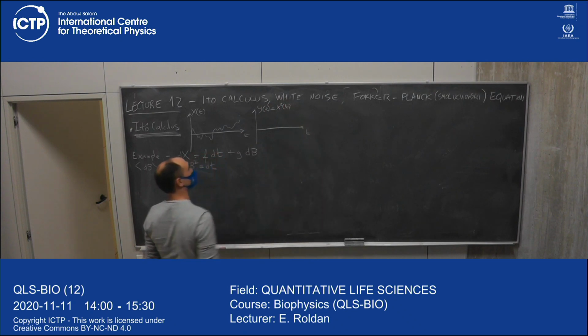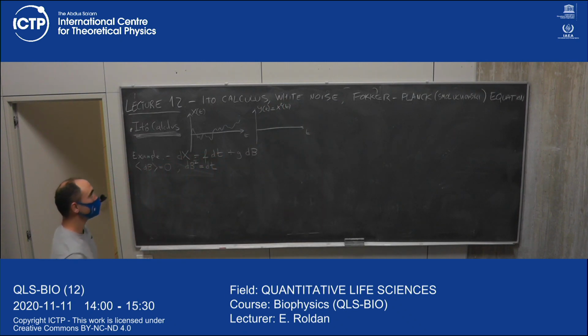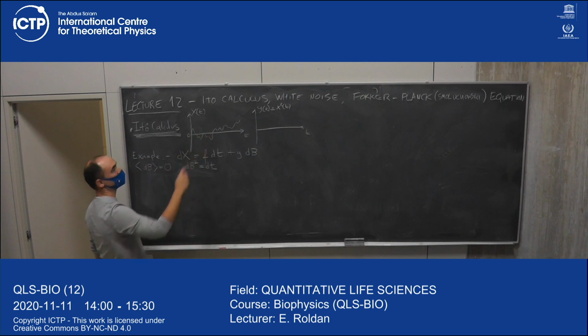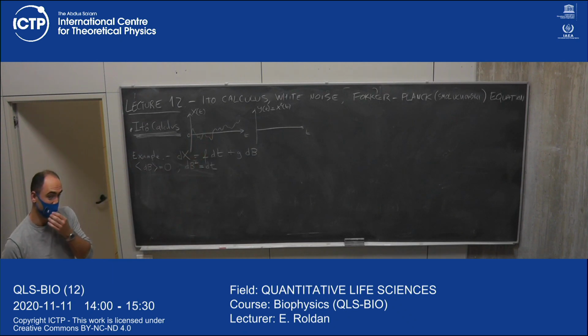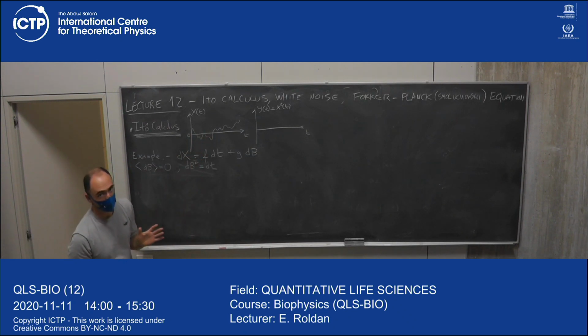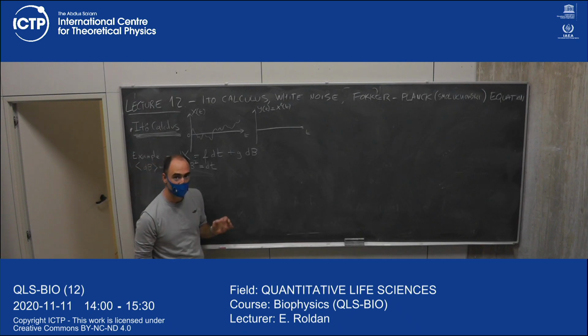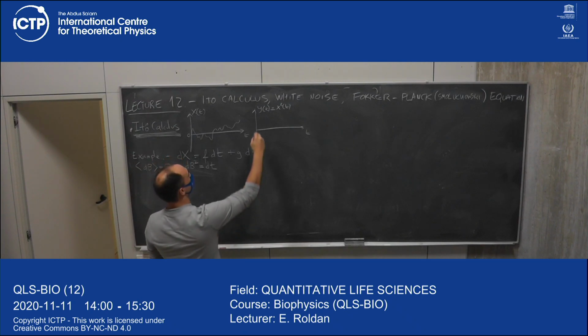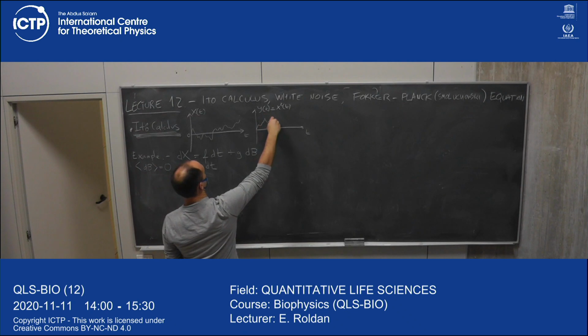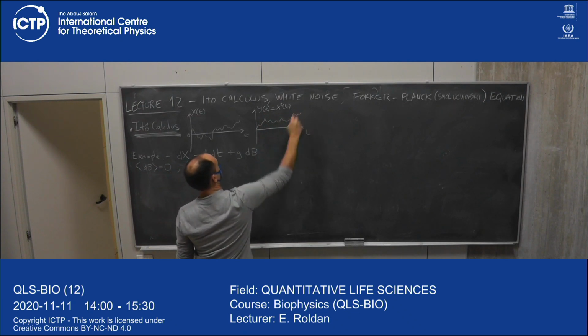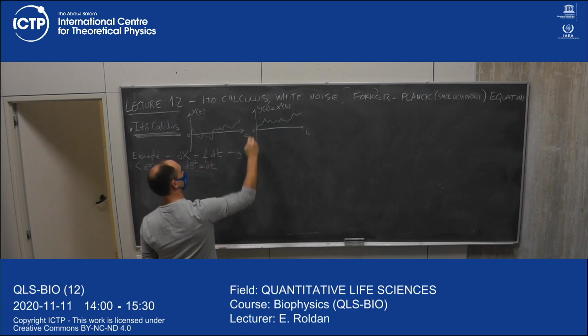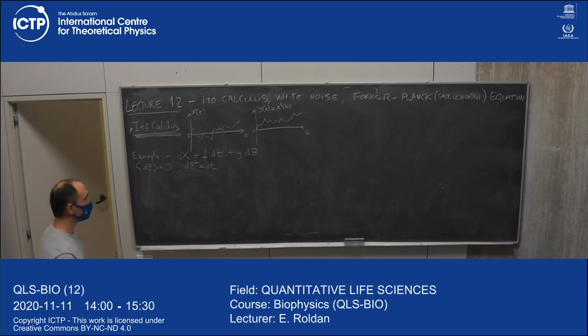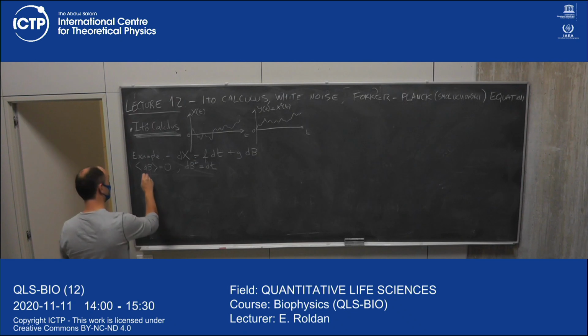And of course, y will be always positive, because I'm taking the square of a number. The square of a number is always positive. So I could draw something like this. Okay, it will be positive. So now the question is, what is the equation? So now we have the process y, it is defined as x squared.